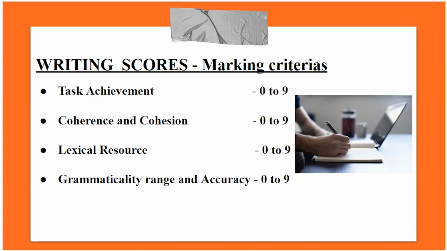And the third one is lexical resource. The usage of words and how we frame sentences also matters. It has a major role in influencing the examiner. If we use words with high lexical resource, then we may be scored a high band score.